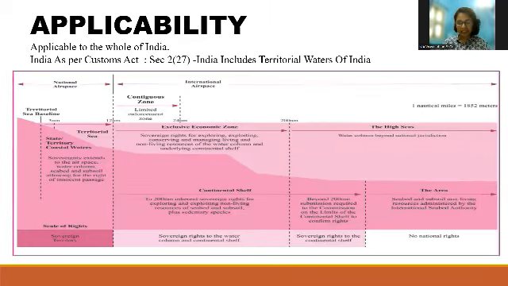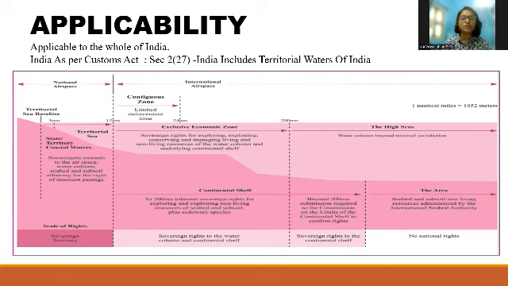Applicability of Customs Act. Customs Act is applicable to the whole of India, including the territorial waters. Territorial water is 12 nautical miles from our coastal baseline, and to the exclusive economic zone, which is 200 nautical miles from the coastal baseline, certain special provisions of the Act are applicable.